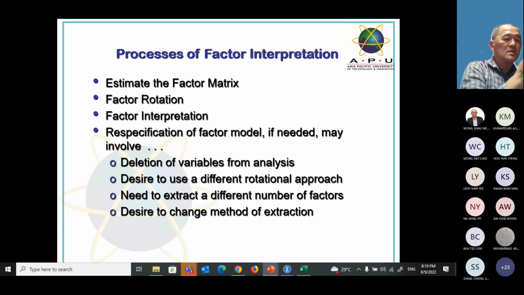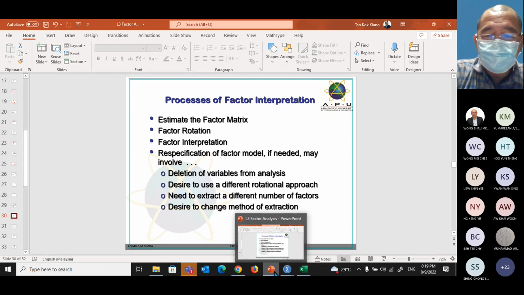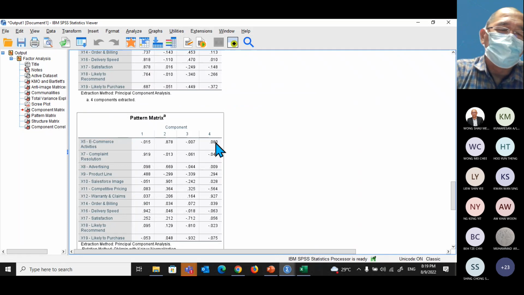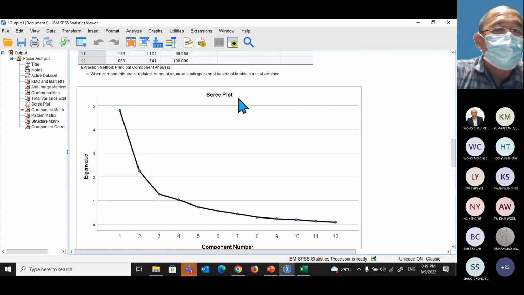So, sir, in the pattern matrix, we don't need to see whether it's more than 0.6 or 0.7, just pick the highest number, right? Good question. We pick the highest number, and also see whether the difference is a bit or a lot. If you want to be very strict, you can also remove x9, because its communality is quite small.